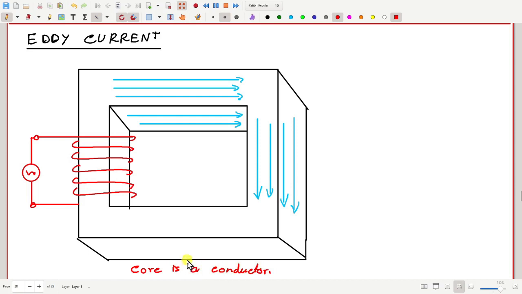So maybe now if you consider this right side part of this core, here we don't have the secondary coil yet, but this itself is a conductor. So you may imagine, say, a path round this core. Imagine a closed path like this.